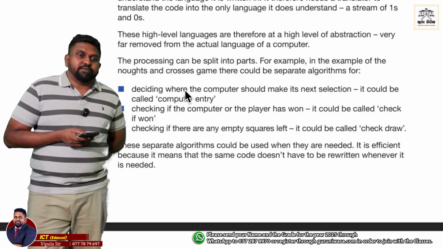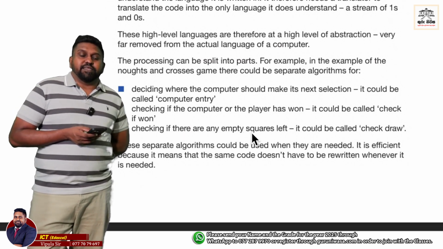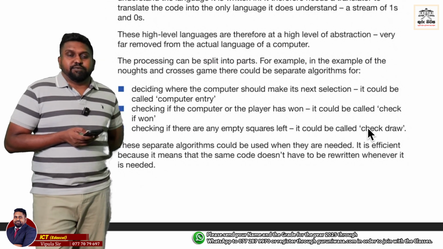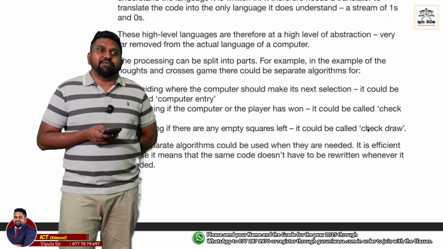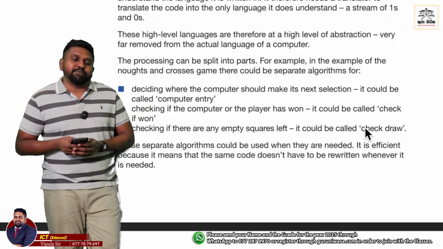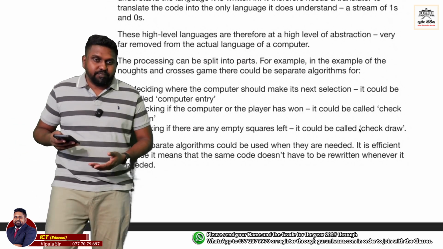And the third one is checking if there are any empty squares left, so this could be called check draw, right? Because somebody needs to check if there are any items left, right? Okay, so these can be three different separate algorithms which we will have to write.